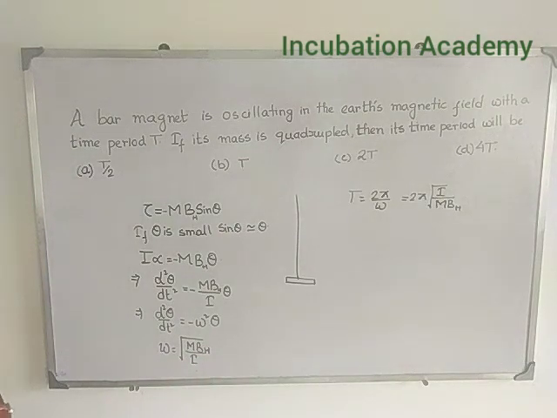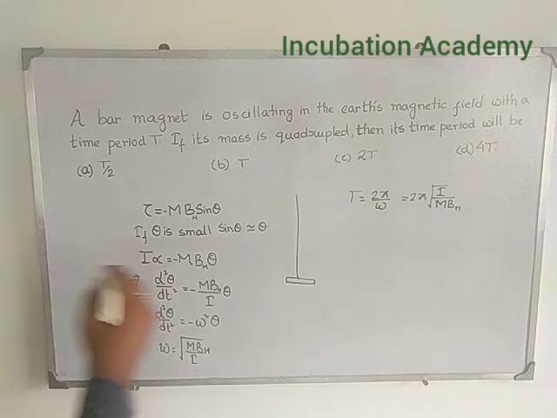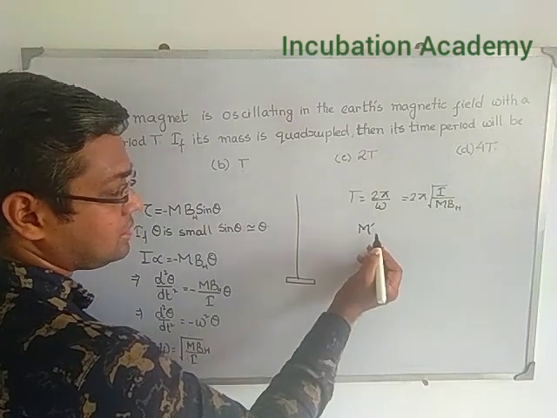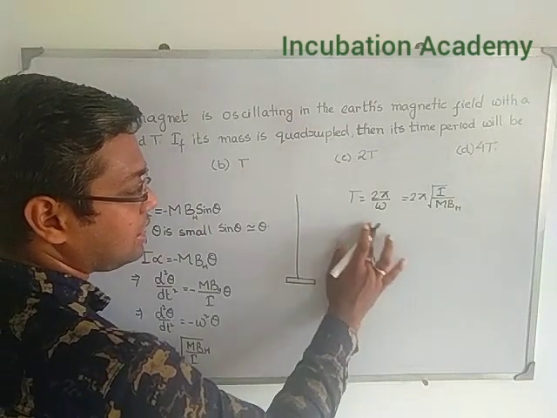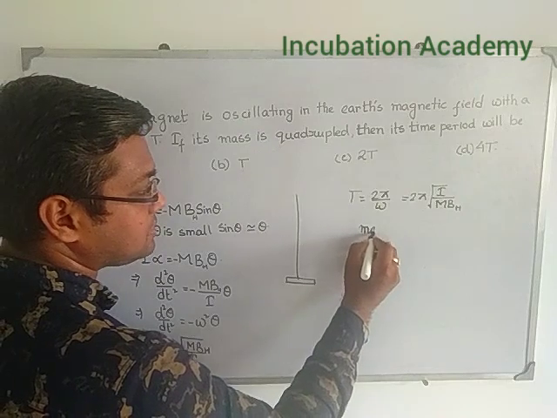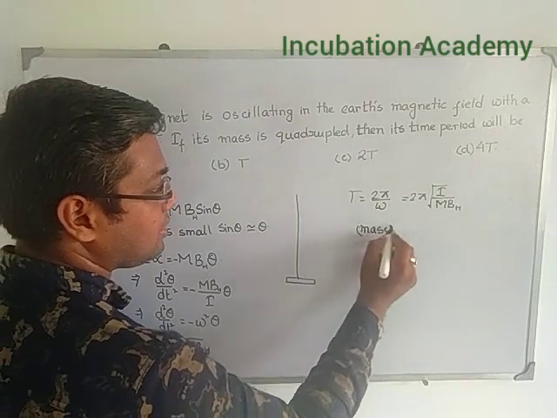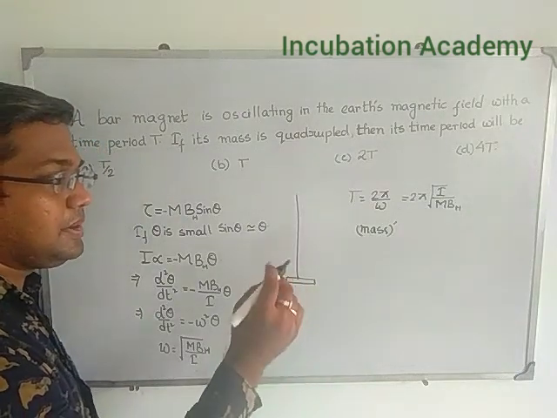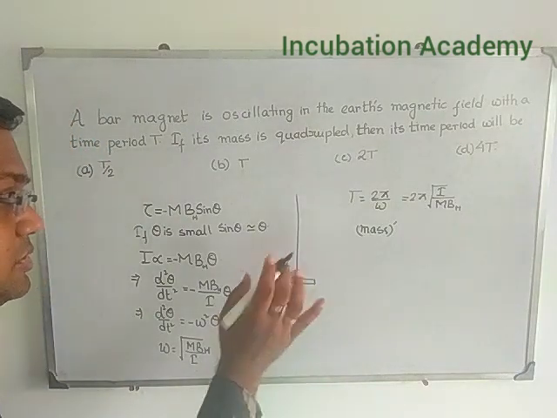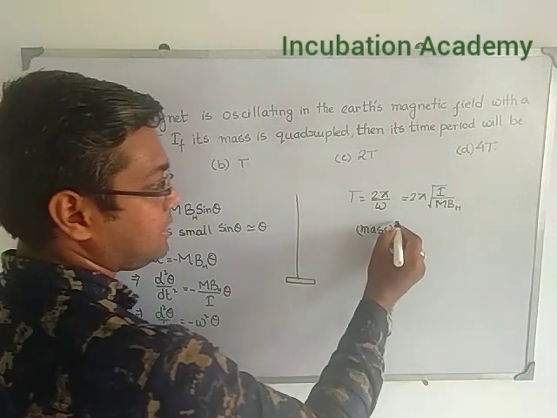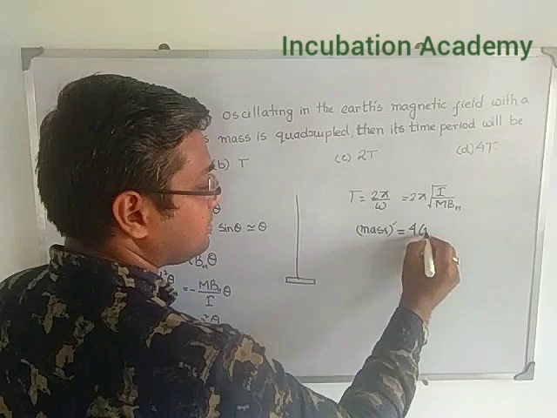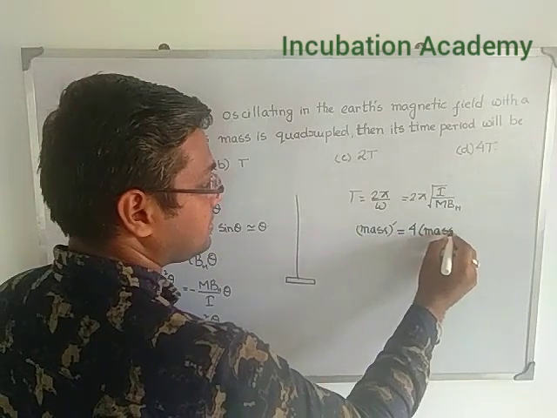Now it is said its mass is quadrupled. It is better to say mass, because if I write small m, that will be the pole strength, and if I write capital M, that will be the magnetic moment. So mass m prime is equal to 4 times the mass of the previous one.